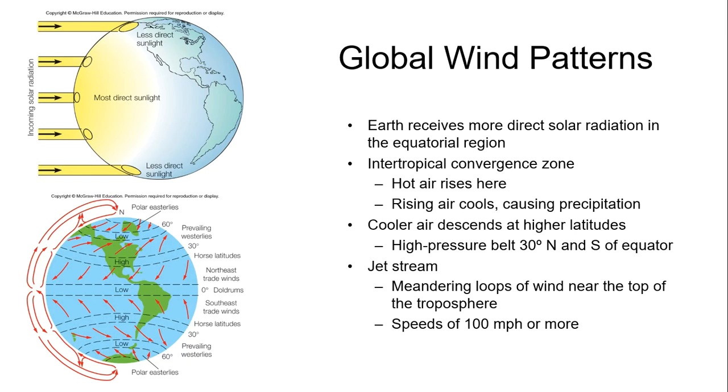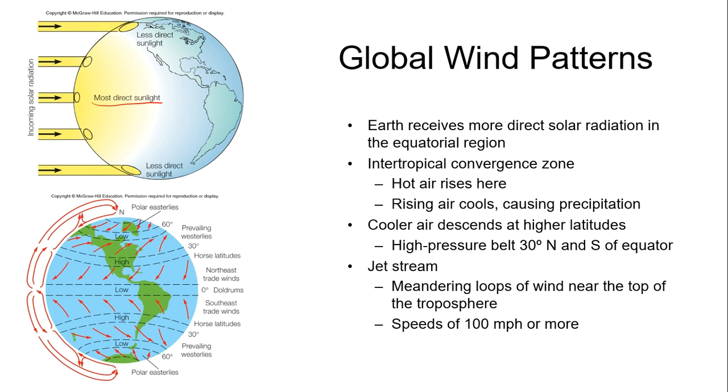Now, global wind patterns are far more complicated. It is very hard to exactly describe all of the global wind patterns. However, we can get some good generalizations. Here's a good summary. The equatorial regions of the Earth are going to receive more direct sunlight. As such, the hotter latitudes are going to be near the equator.